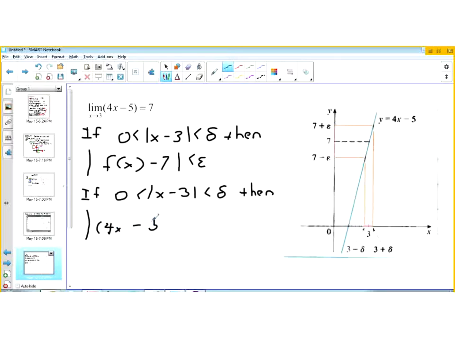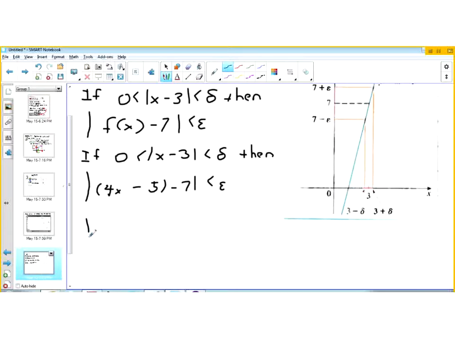I'll plug in the value for f of x, which is 4x minus 5 minus 7. Since we're taking absolute value, epsilon has to be greater than or equal to 0. But in this case, since I'm using strict inequality, epsilon cannot be 0.